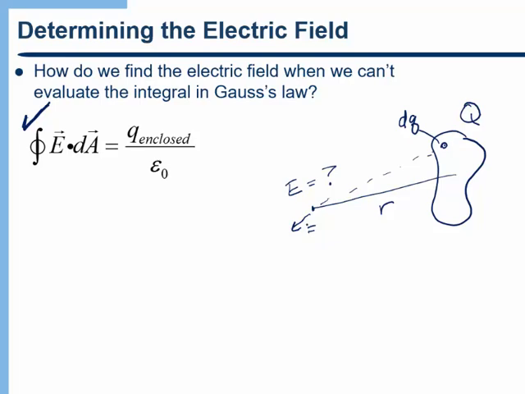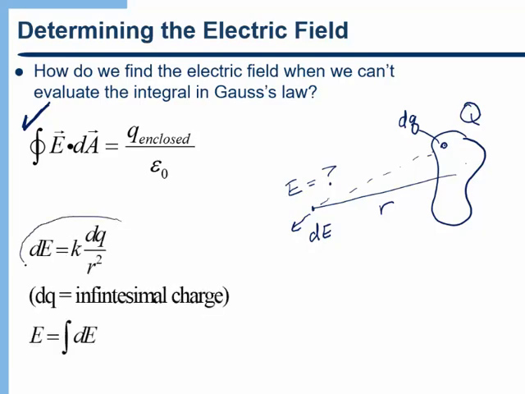And then what you do is effectively you would have to add up all the little bits of charge that make up that object dq and all of the little bits of electric field they create. So in other words, every little bit of charge just creates the electric field of a point charge, right? kq over r squared or k dq over r squared. And then you'd simply have to add up all the little pieces that make up the object, okay?